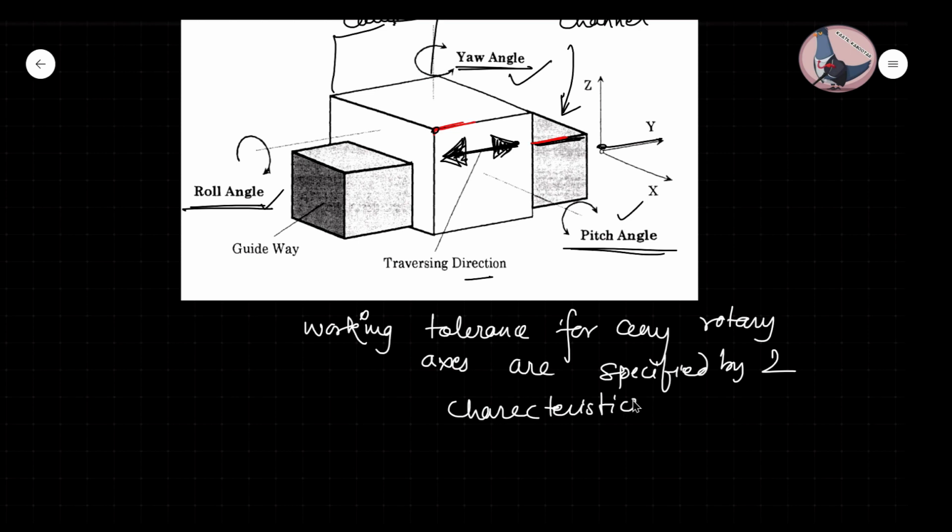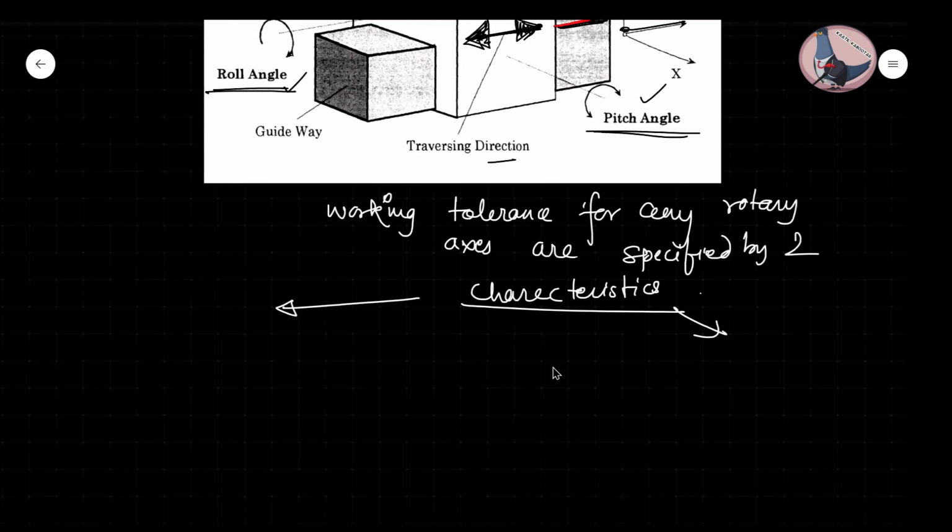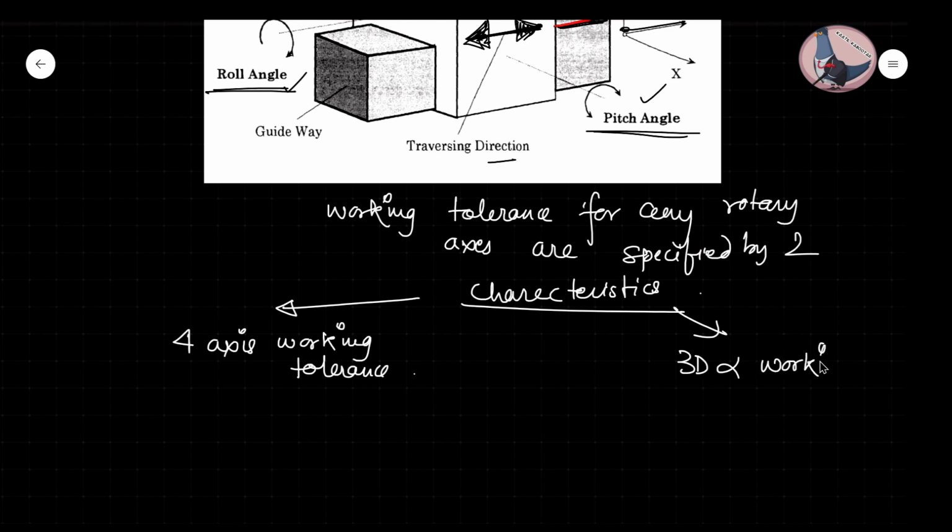Both the characteristics, you just remember the name because this name can be asked. One is 4-axis working tolerance, and another one is called 3D alpha working tolerance. Now these are the two characteristics which make the working tolerance for any rotary axis.